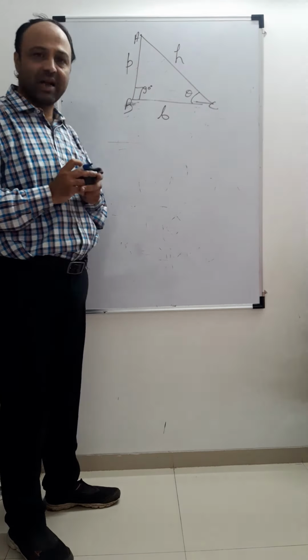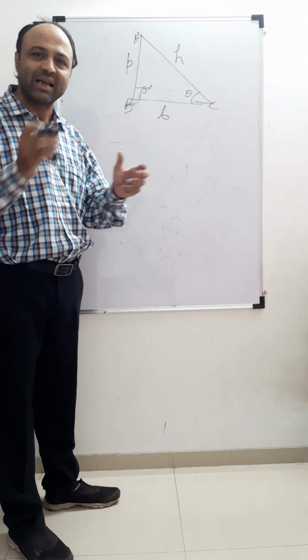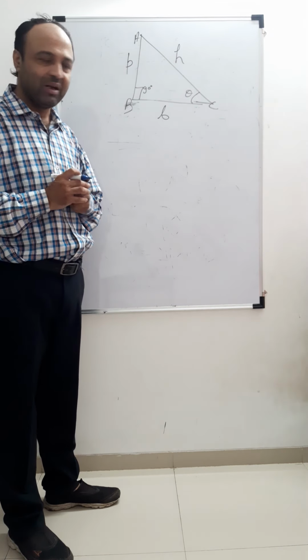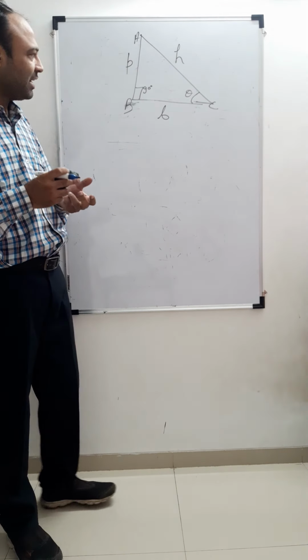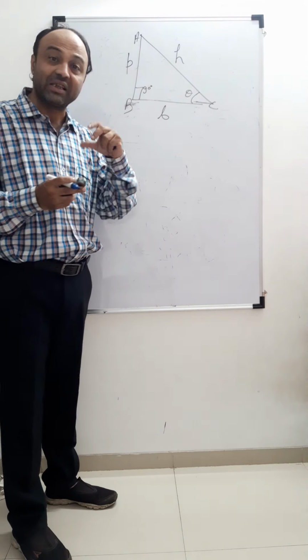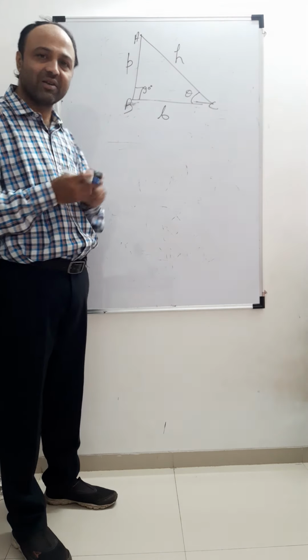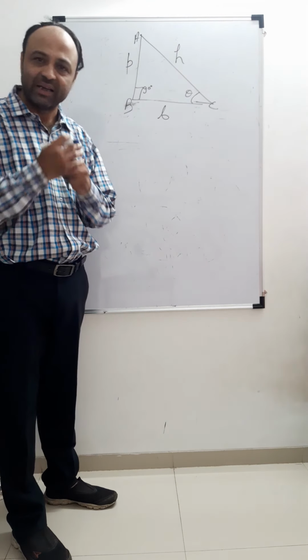We have 3 sides and 3 angles. So 6 relationships are possible, that means 3 sides and their reciprocals. So we will have 6 relationships possible with this theta. That is why mathematicians discovered 6 ratios in a right angle triangle, and these ratios are known as trigonometric ratios.